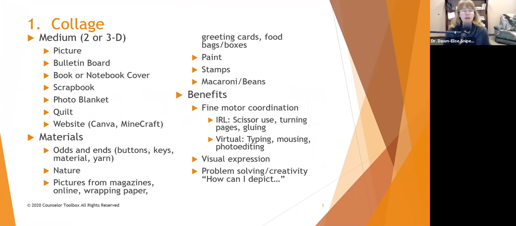The first one we're going to talk about is the collage. I think all of us at some point or another have done an activity with a collage in one of our groups. But let's think about all the different ways that we can use collages. You can make collages on a picture.